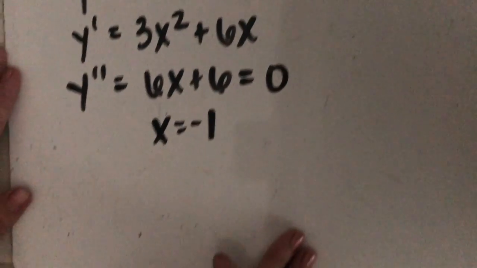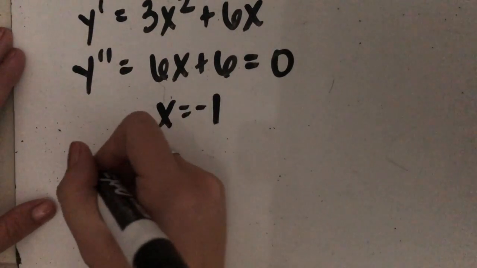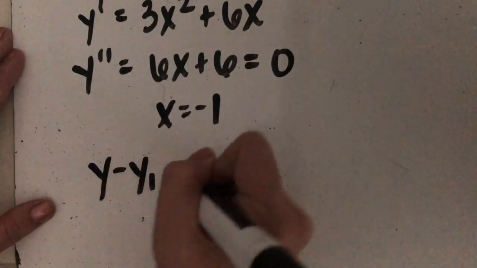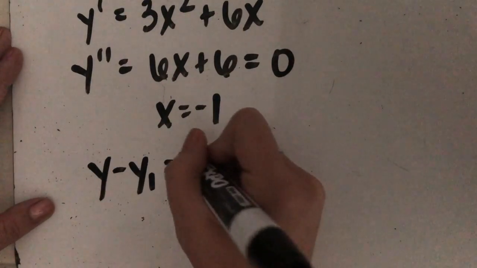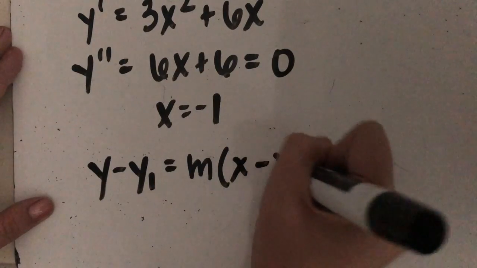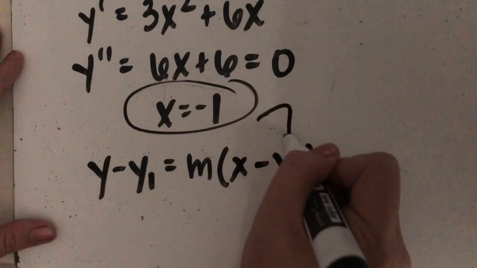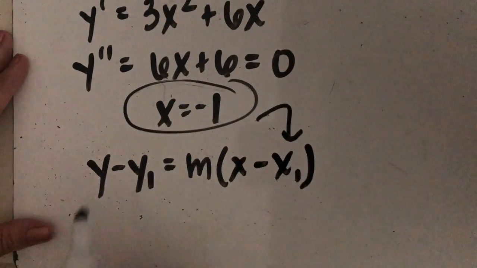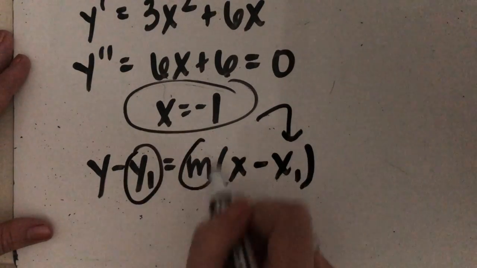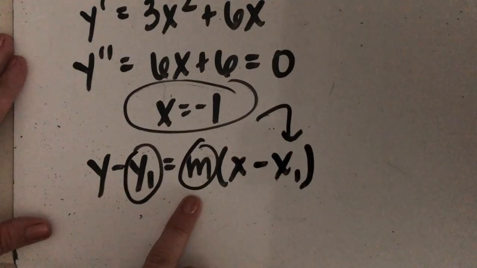Okay, so now, think carefully about this. I have y minus y1, because I'm writing an equation, equals the slope times x minus x1. My x1 is what I just solved for. That goes right here. I need to find my y1, and I need to find my m, right? My m is my slope.